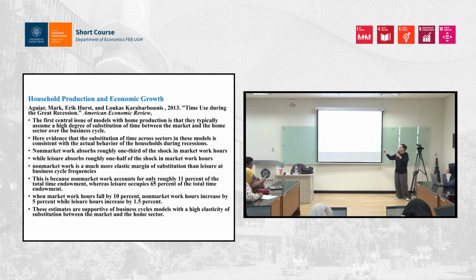And we have seen that these are mainly men. The substitution of time across sectors in the model is consistent with the actual behavior of households during the recession. They say that non-market work absorbs roughly 1/3 of the shock in market work hours, and leisure absorbs 1/2 of the shock.